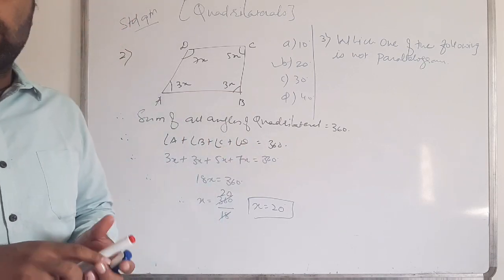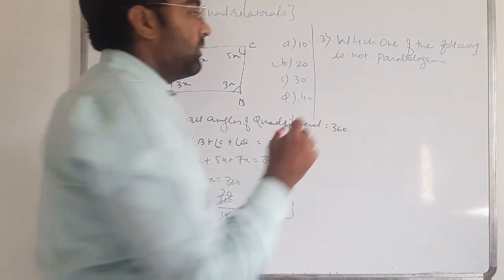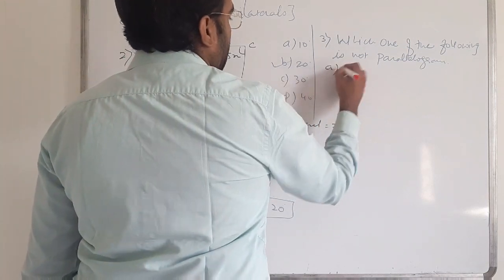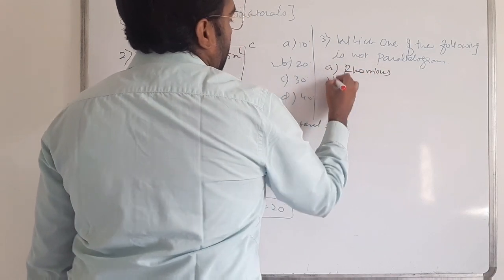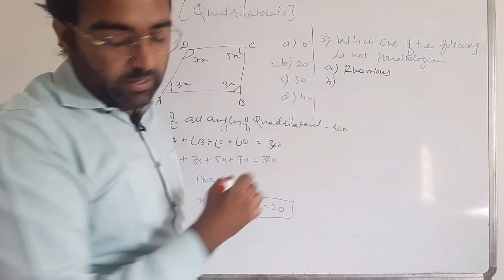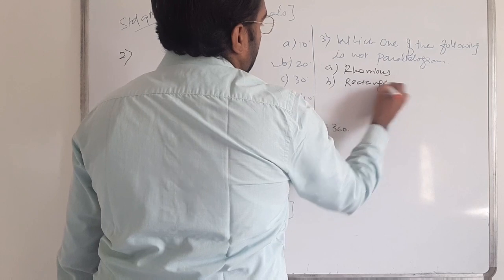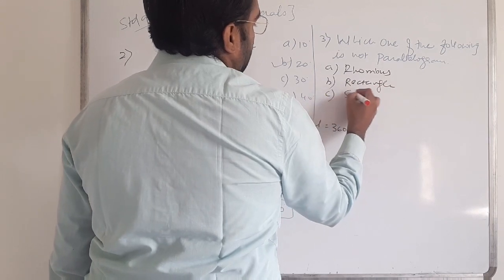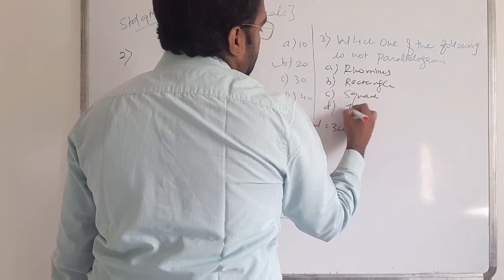So options for you are, A is rhombus, B is a rectangle, C is square and D is trapezium.